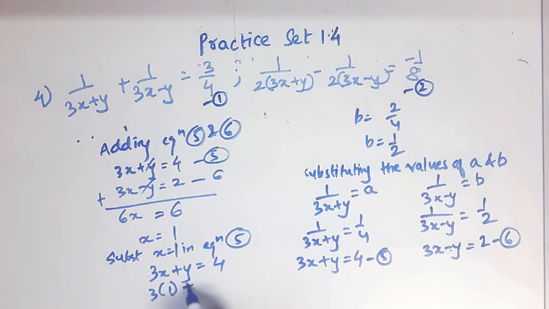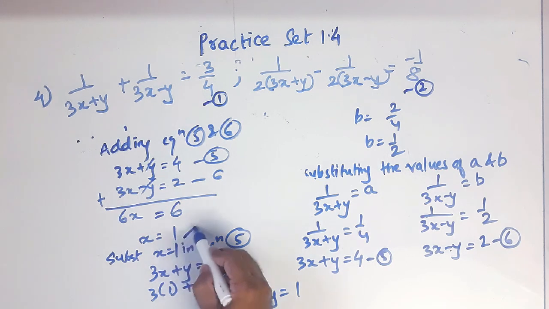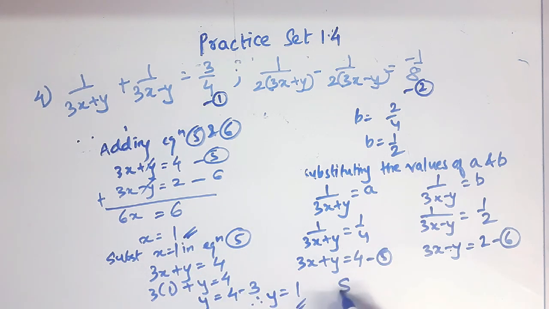I'm writing this as 3 plus y equals to 4. Okay, this is 3 ones are 3, so it will come here 4 minus 3. So therefore what is the value of y now? y is equal to 1. So answer is very simple. What is the solution? Solution is 1 comma 1. x is 1, y is also 1.